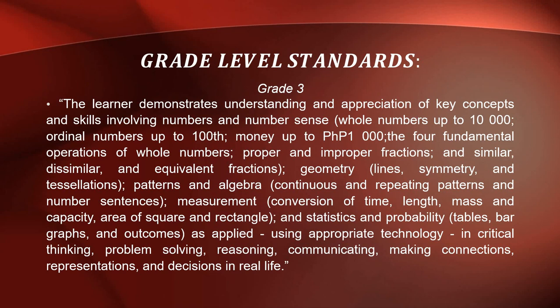And next we have statistics and probability tables. Bar graphs. Bar graphs was not mentioned in the previous levels and outcomes, is applied using appropriate technology and critical thinking, problem solving, reasoning, communicating, making connections, representations, and decisions in real life.